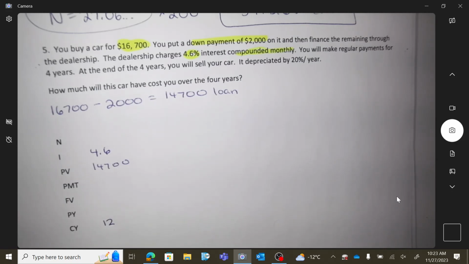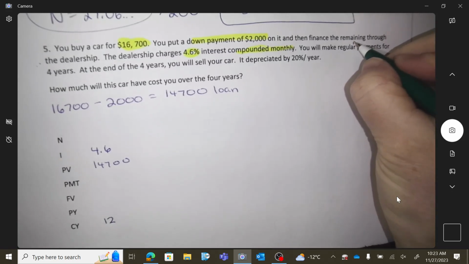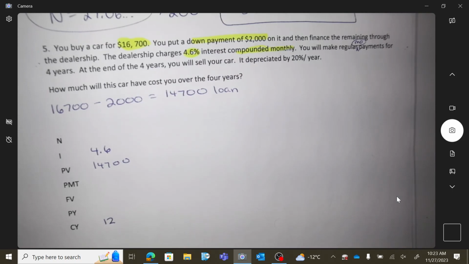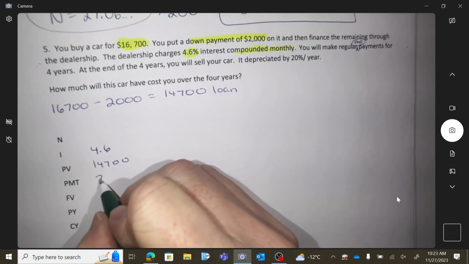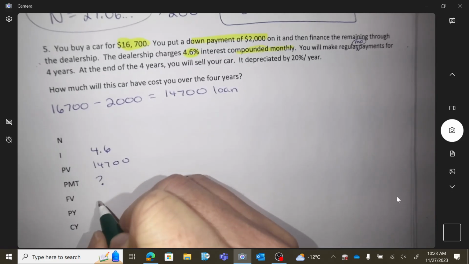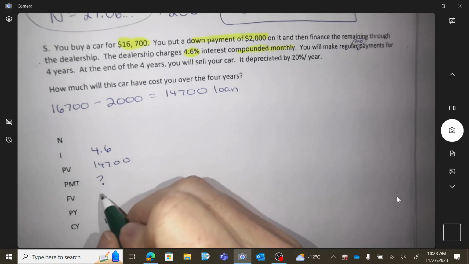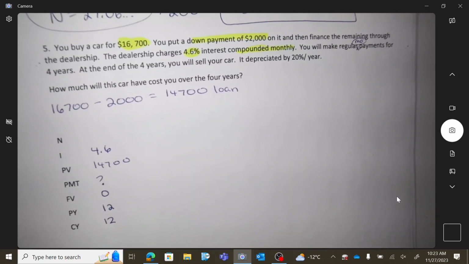Oh, we should have said probably regular monthly payments. Sorry, that should probably be in there to specify, right? Regular monthly payments for 4 years. So payments, regular monthly payments. And then our future is 0, right?